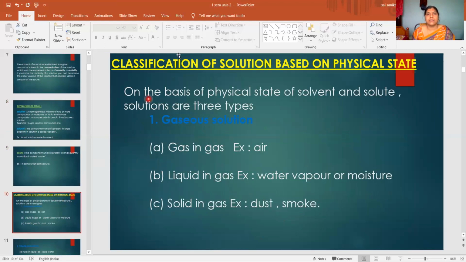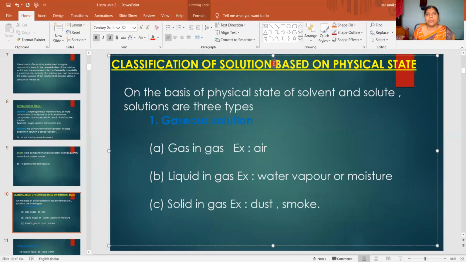Next, coming to classification of solutions based on physical state. In your syllabus you have just classification of solutions based on physical state only.